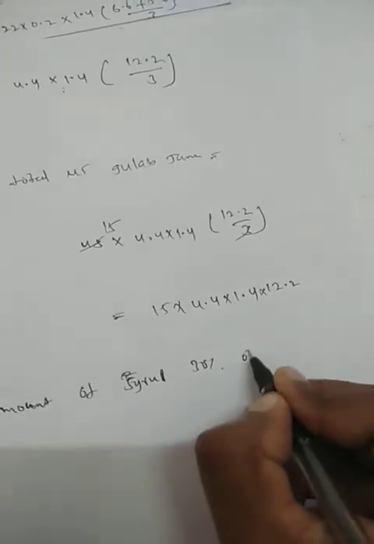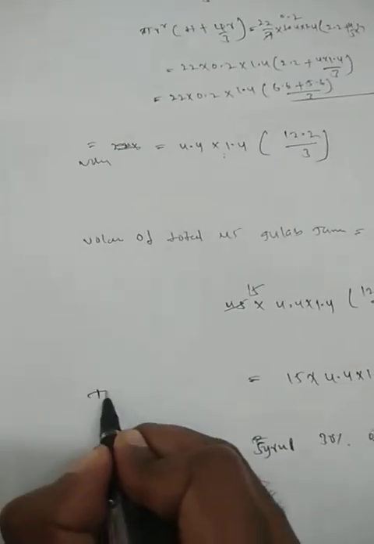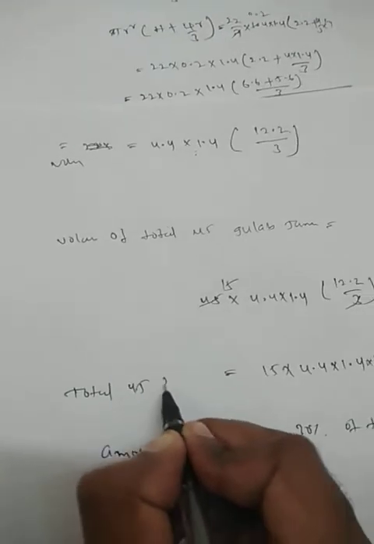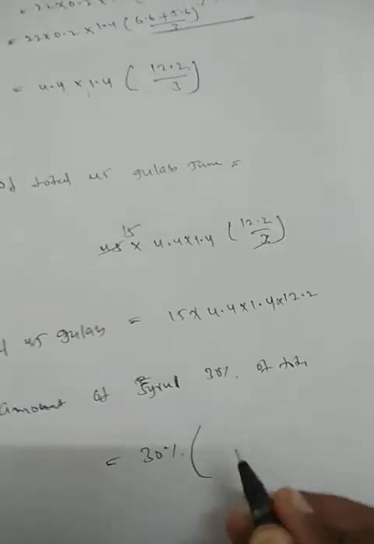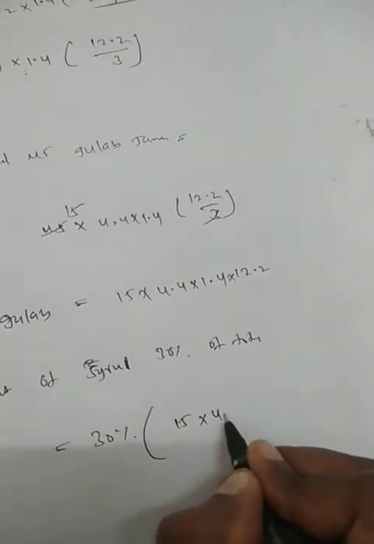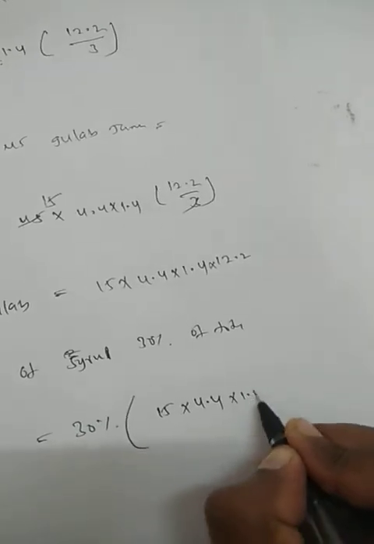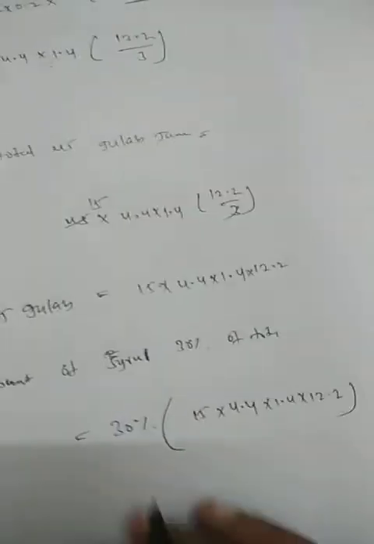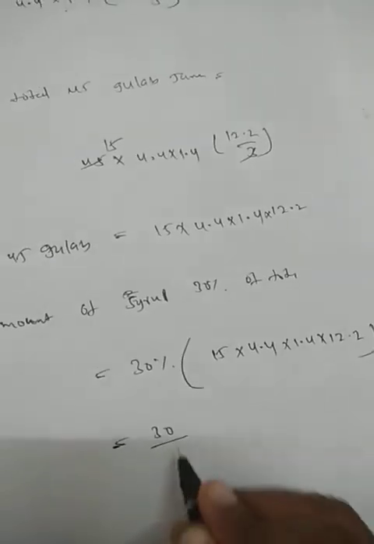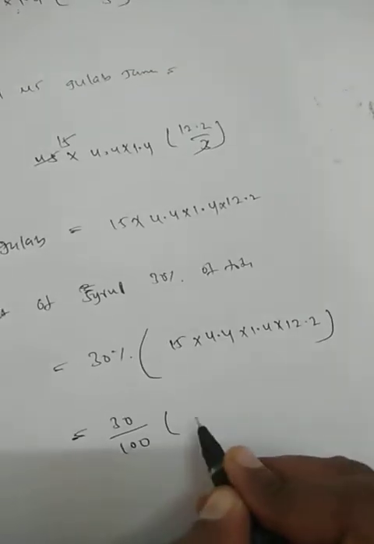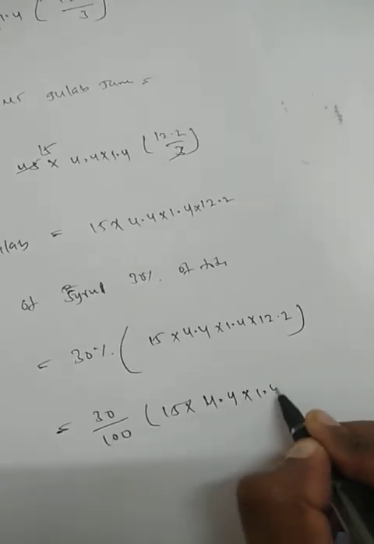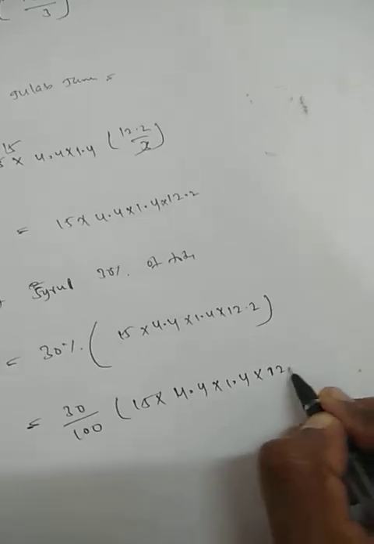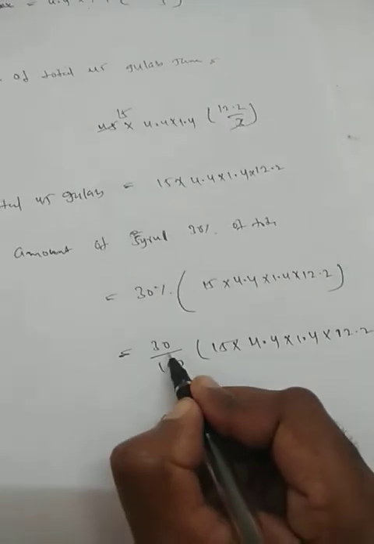Now the amount of syrup will be equal to 30% of the total 45 gulab jamun volume. So 30% of total is 30 by 100 into 15 into 4.4 into 1.4 into 12.2. It is a little bit complex in the simplification.